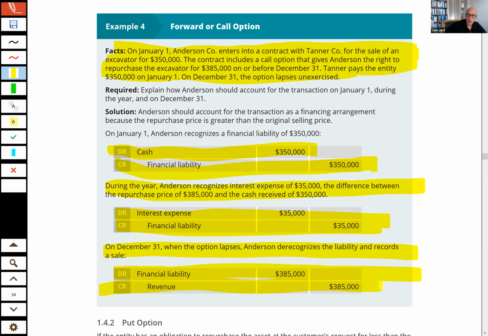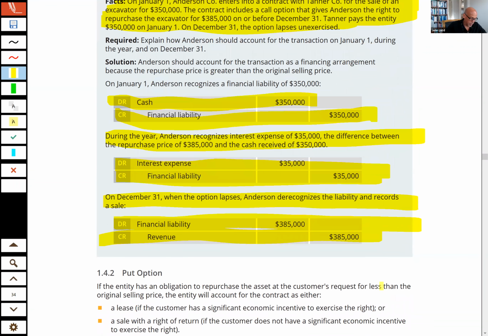Well, then they can debit that liability for the entire amount, $350,000 plus $35,000, and now they can credit revenue. Of course, if they exercise the option, then we would simply credit the cash.